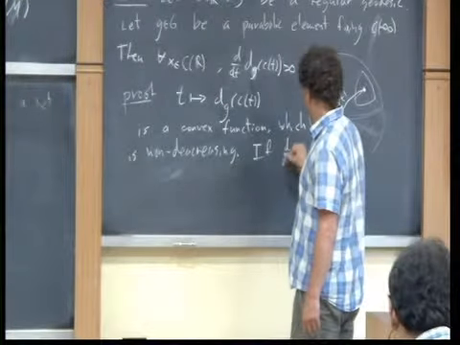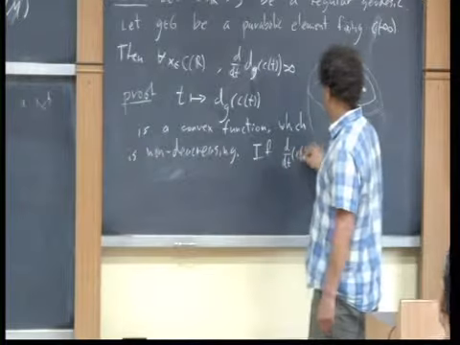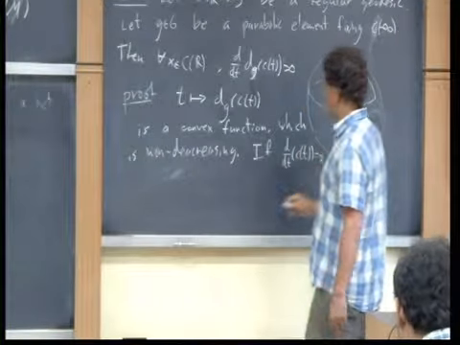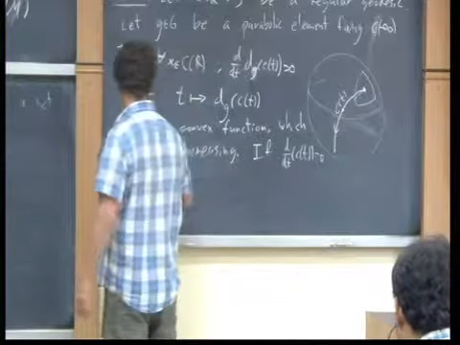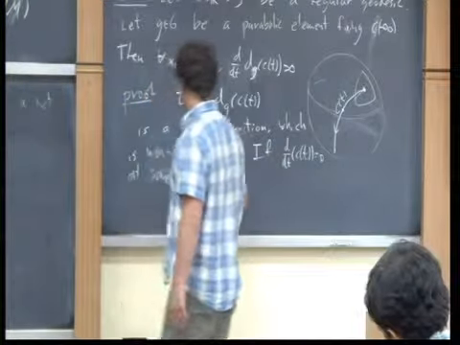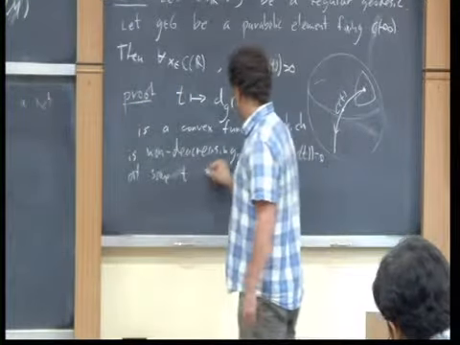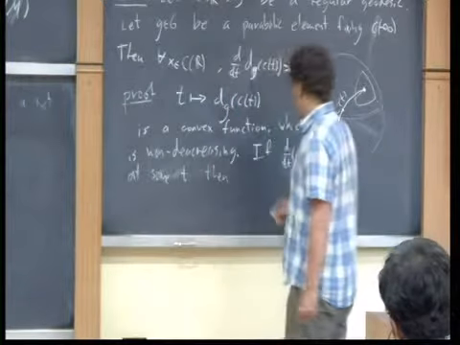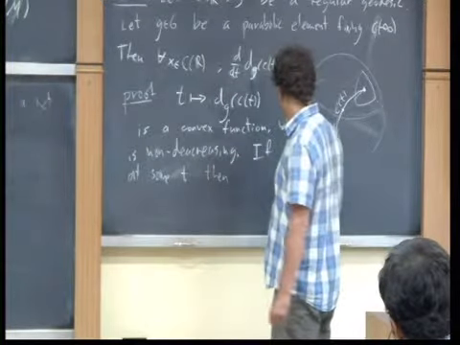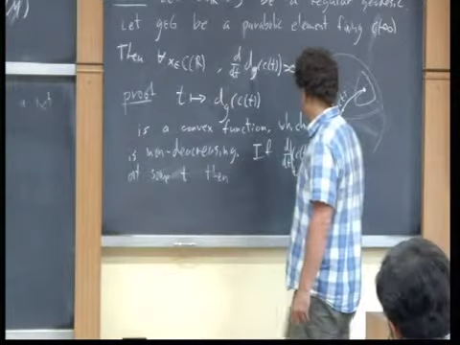If d/dt of C of t is 0 for some t, then it is 0 for some t0, let's say t0.